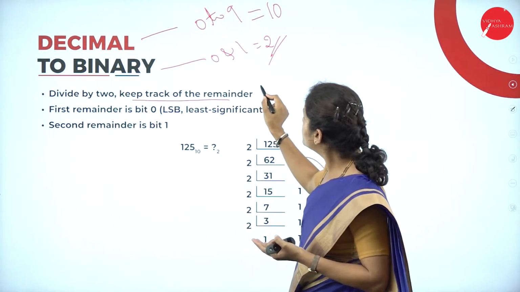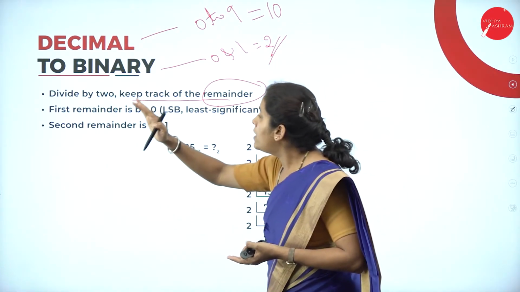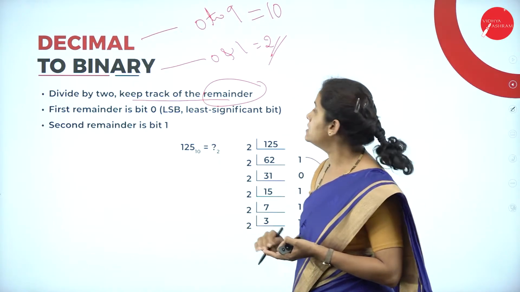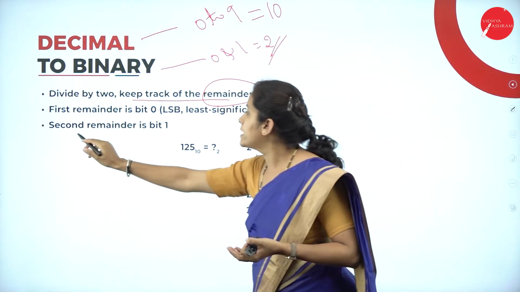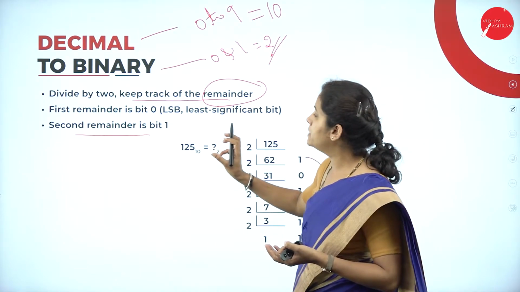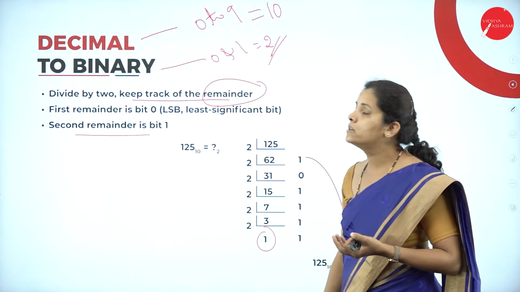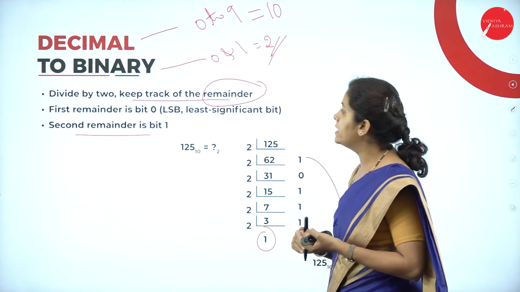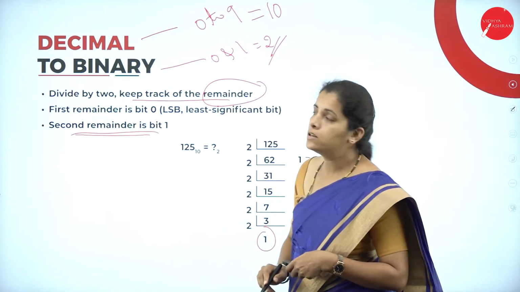The first remainder is the LSB, that means least significant bit, and the second remainder is bit 1. So whatever remainder you get first, that is your LSB. Then the second remainder is bit 1.